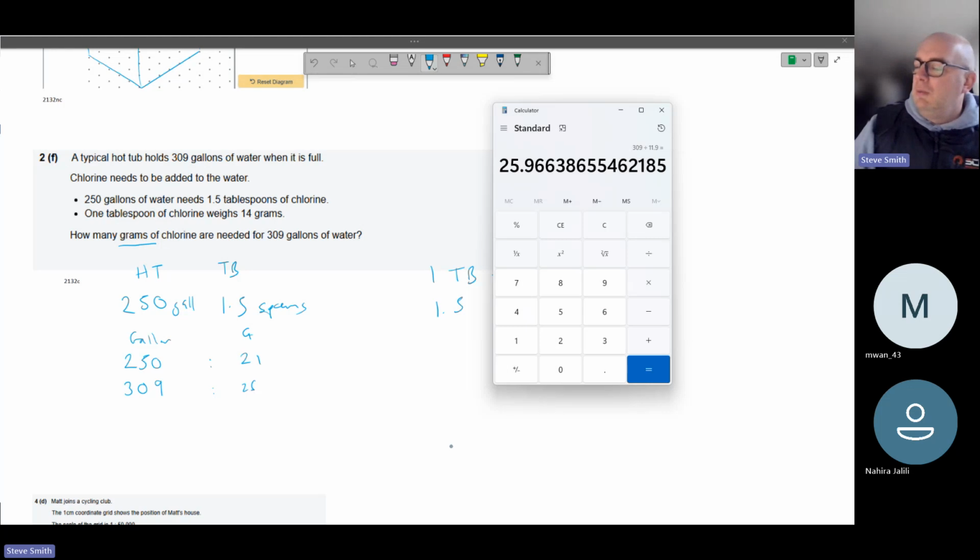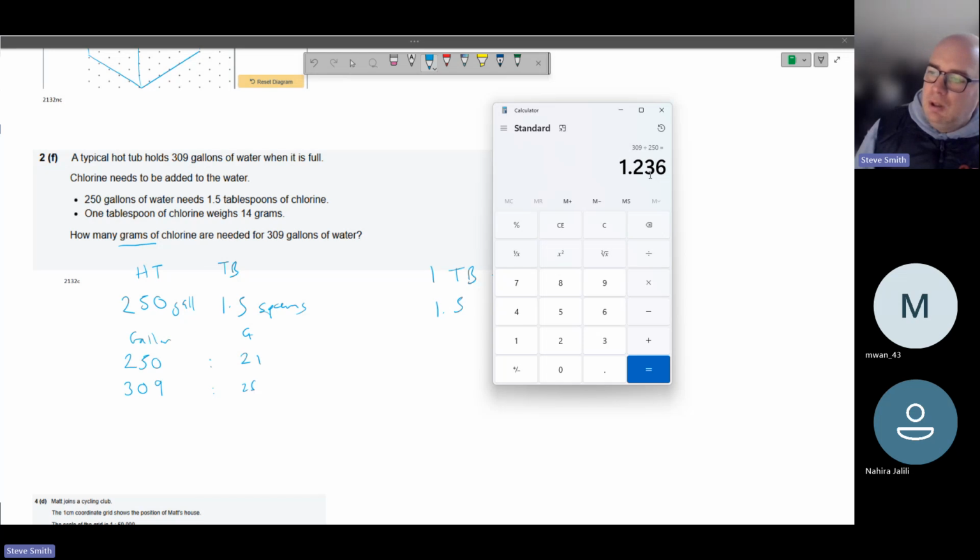Right, so how many times? Let's go 309 divided by 250. So we can see it's 1.236. So that's a better number than what we had before, where it filled the calculator screen.